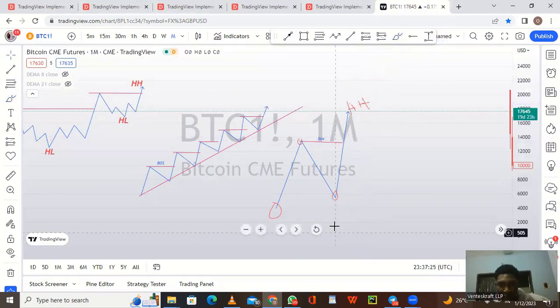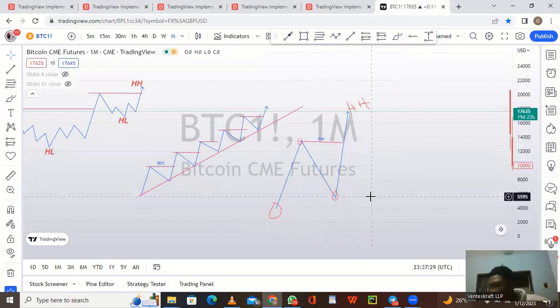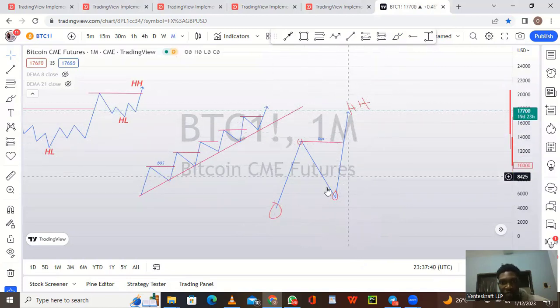With this characteristic, owing to the first video we made on market structure, you agree with me that this description is talking about a bullish market. Now, the move that causes a break of structure to the upside is known as the impulsive move.